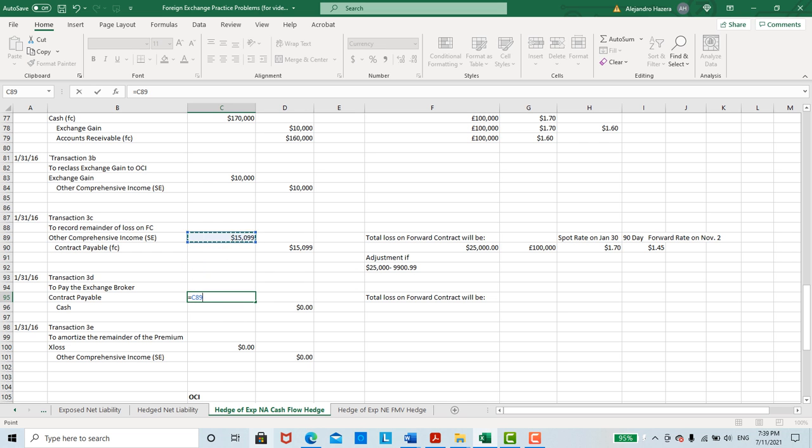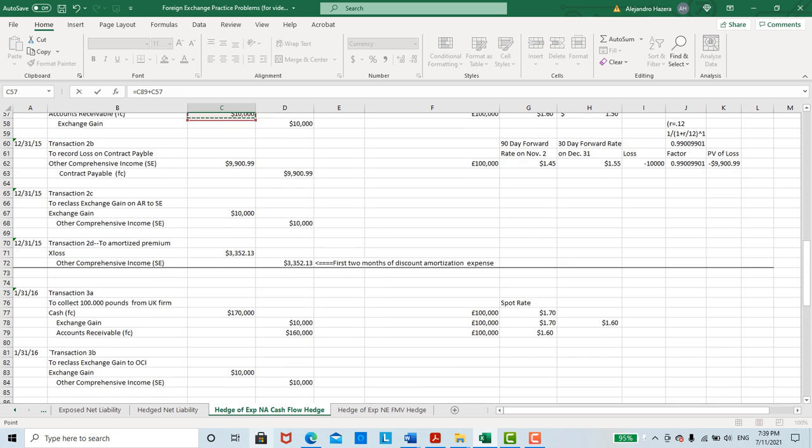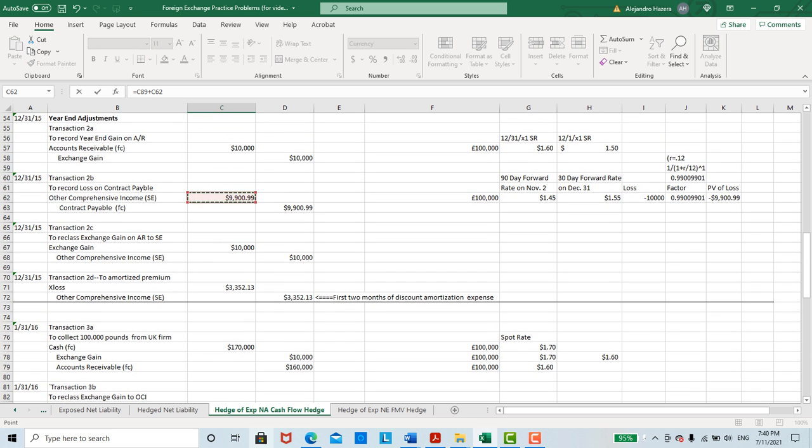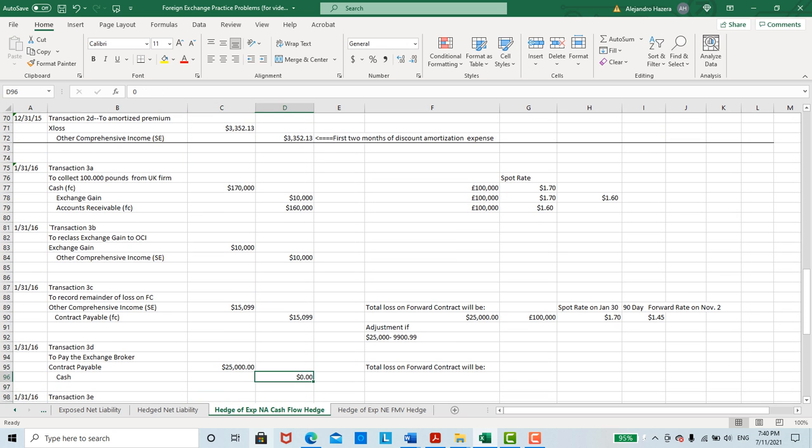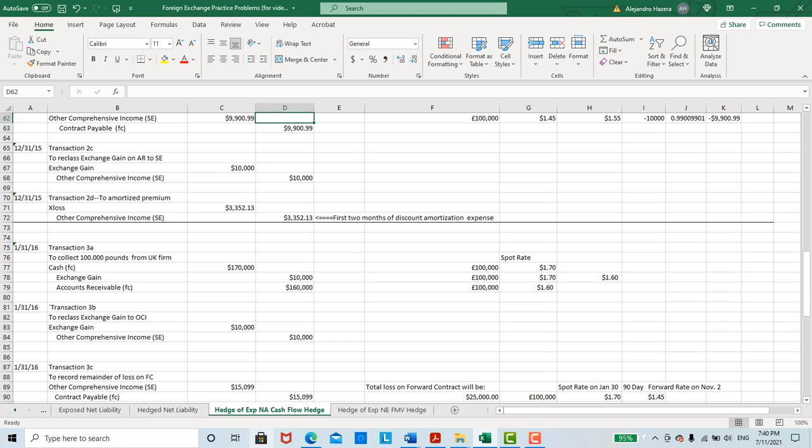So you could either take this amount and multiply it by that amount. This thing is being settled on a net basis. We're going to pay the exchange broker $25,000, and notice that that amount is the amount that was in the contract payable. We're going to pay 25. We're going to pay 15 plus this amount here.